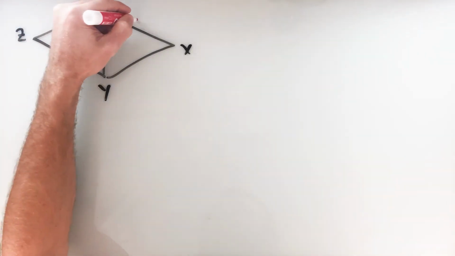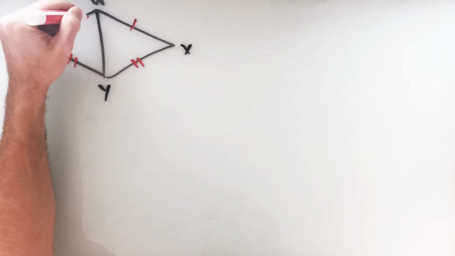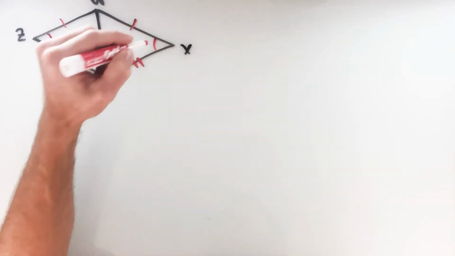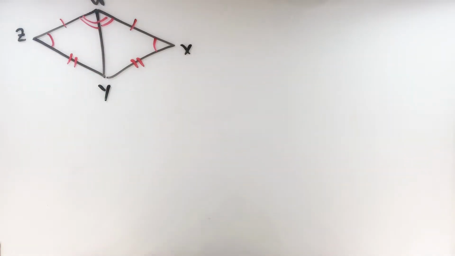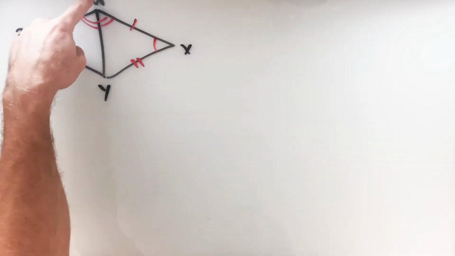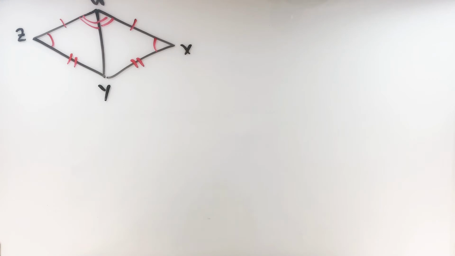Let's say you've got some tick marks and you've got some angles marked as well. Okay. So let's say that our question is to determine whether or not these two triangles, triangle ZWY and triangle XWY, are congruent to one another.